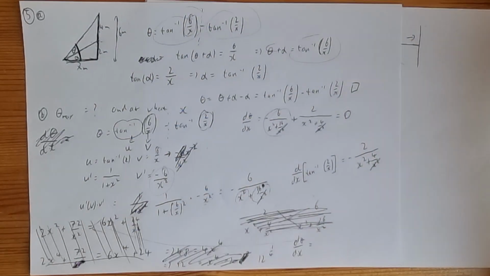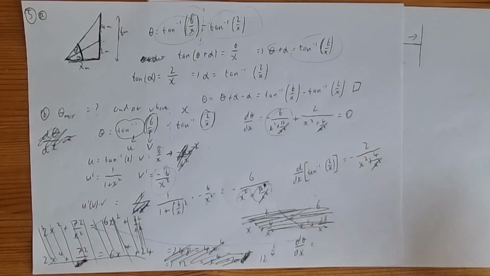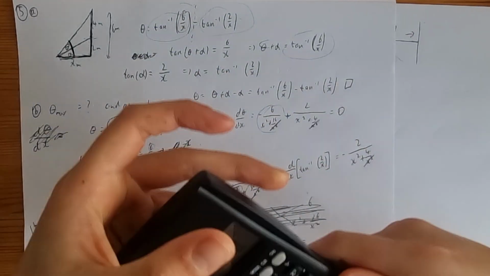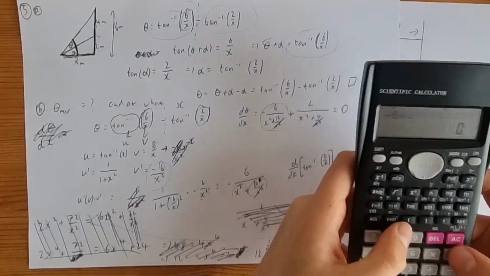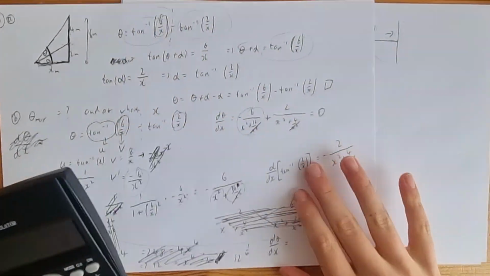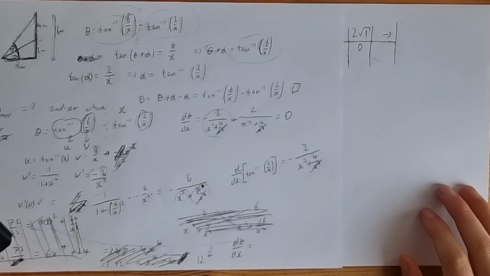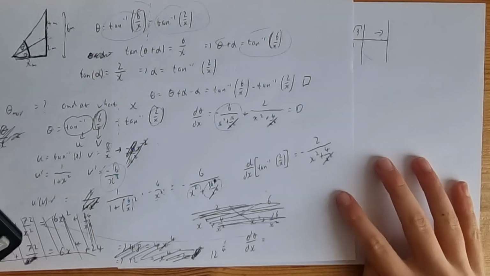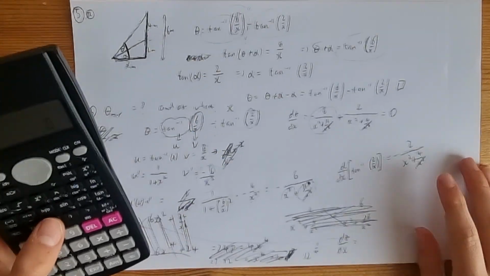And then for upwards, let's try x equals 3. Well, actually that's a bad idea because 2 root 3 isn't lower than 3, 3 isn't higher than 2 root 3. So let's try 4 instead.